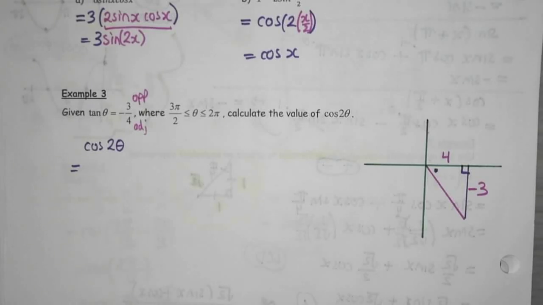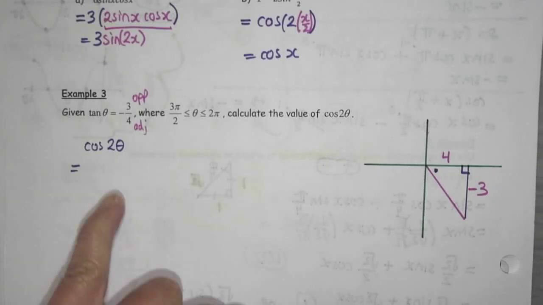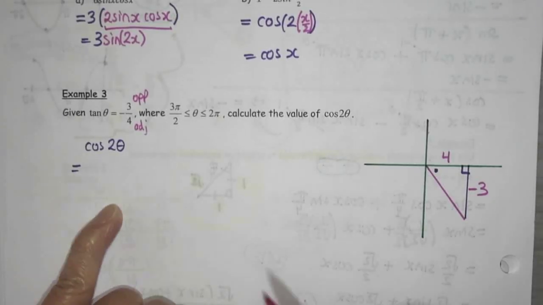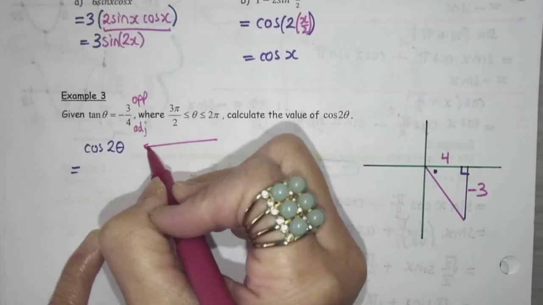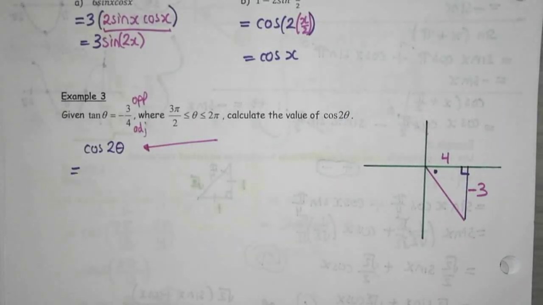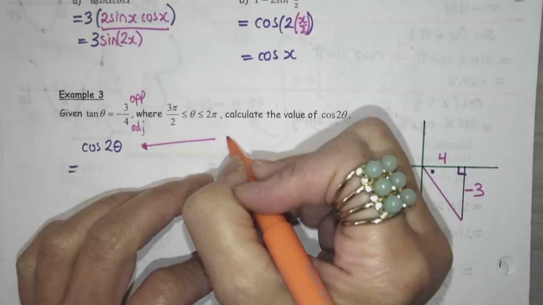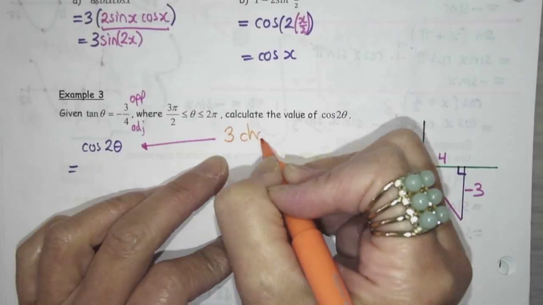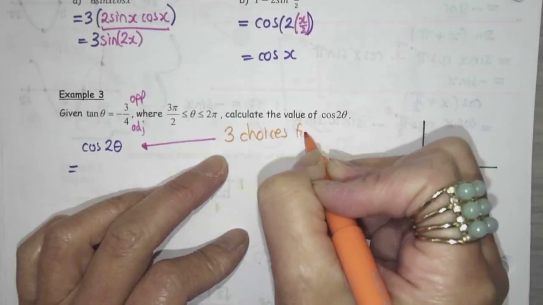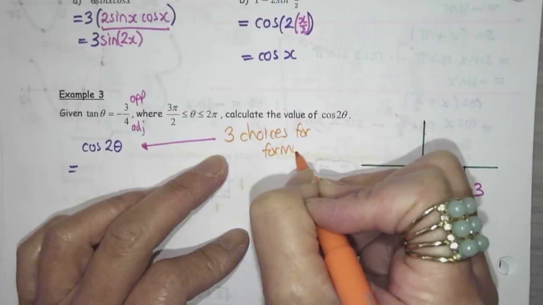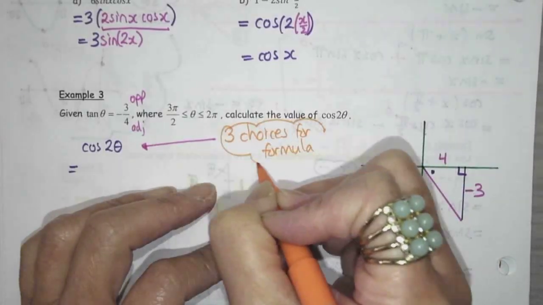Whenever you have cos of 2 theta, there are always 3 choices for the formula.